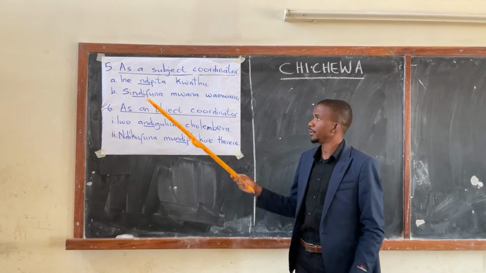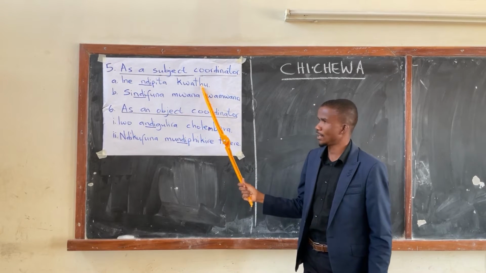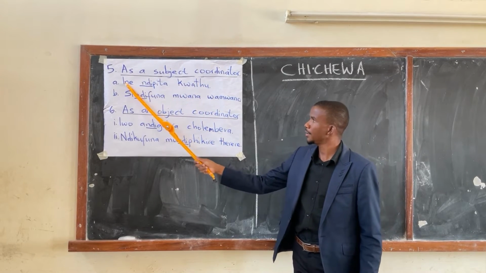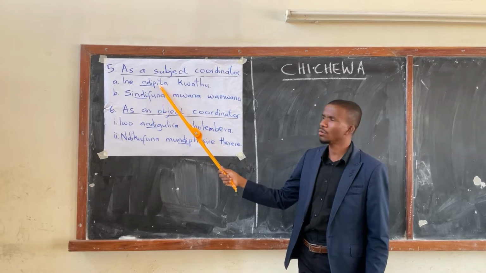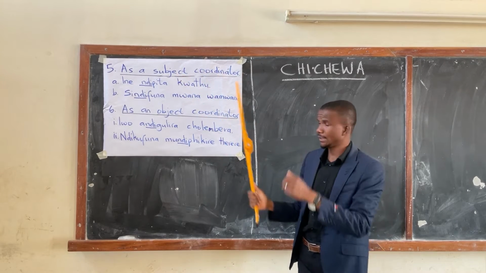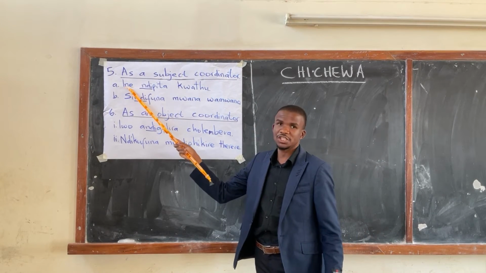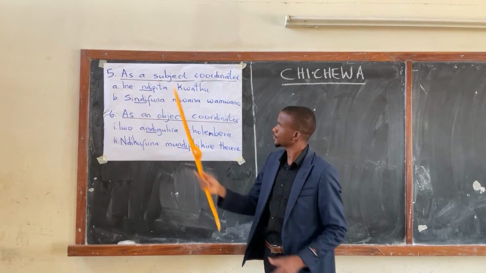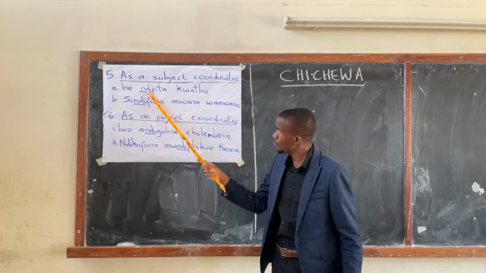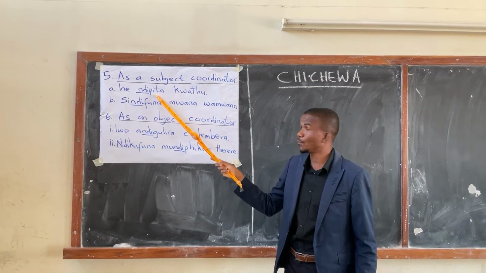So, for example, in this sentence, ine nipita kwatu, I will go home. That's the literal meaning. In this sentence, the subject is I, which is ine. In the verb nipita, the verb has two parts.